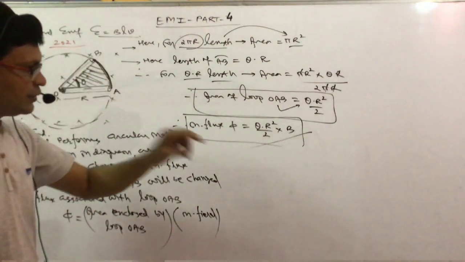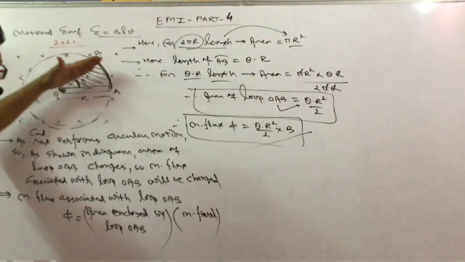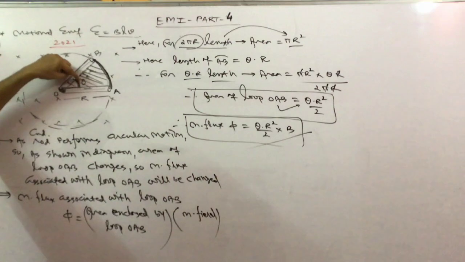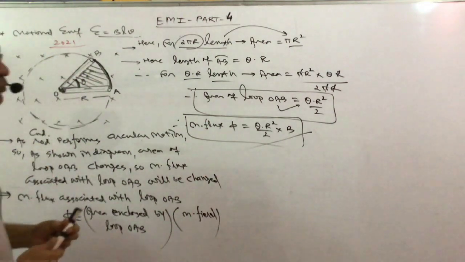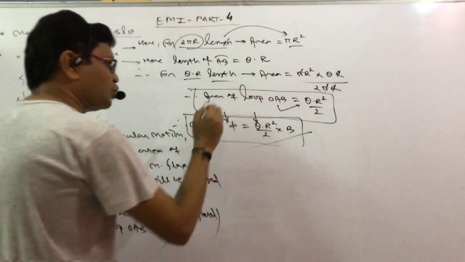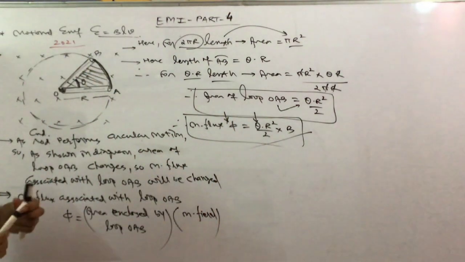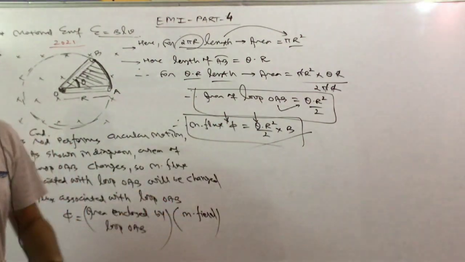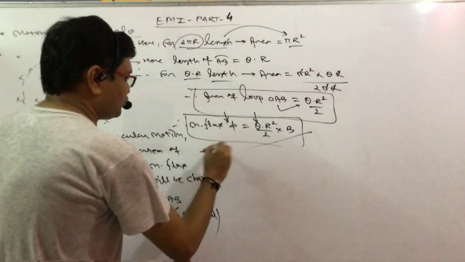Because the value of theta continuously changes. As this metallic rod performs circular motion, the value of theta continuously changes. So the magnetic flux also changes. So change in magnetic flux gives the induced EMF.